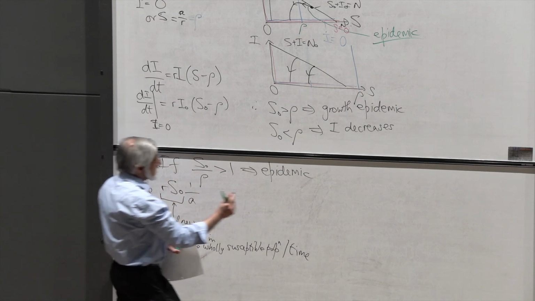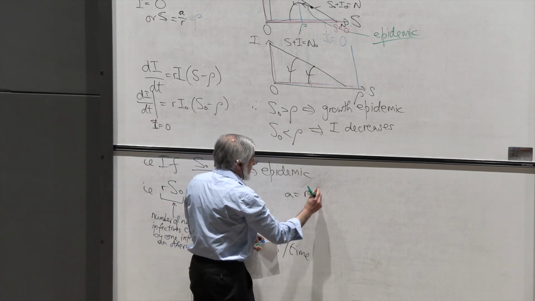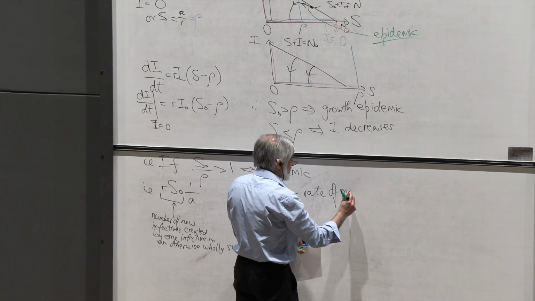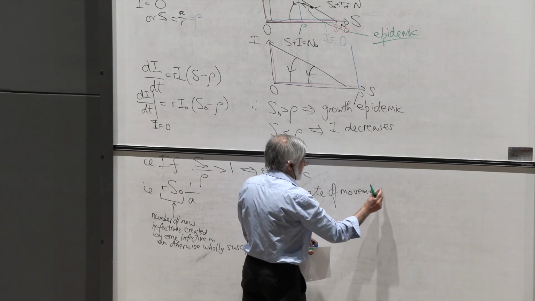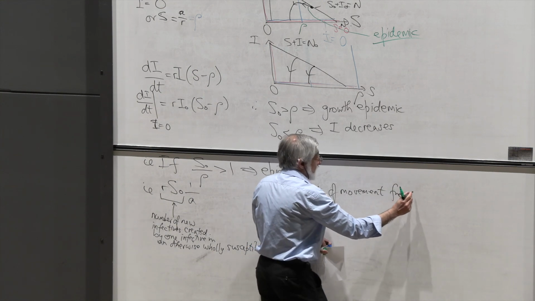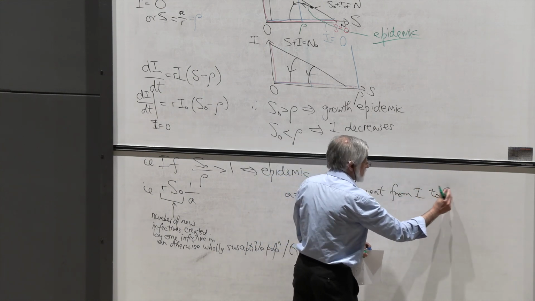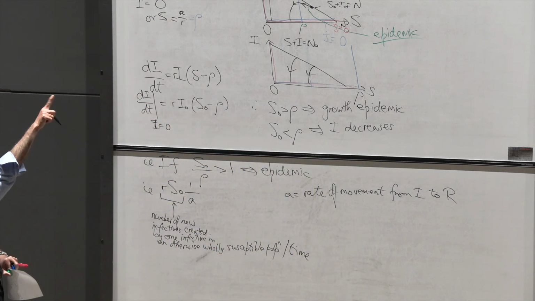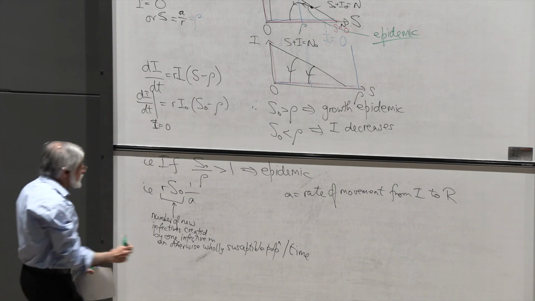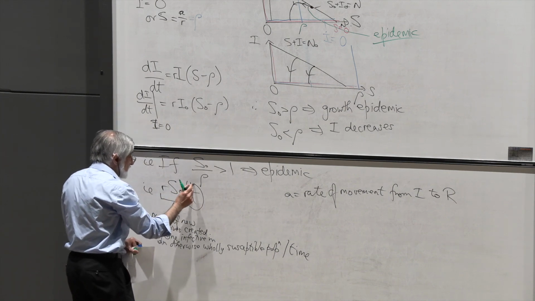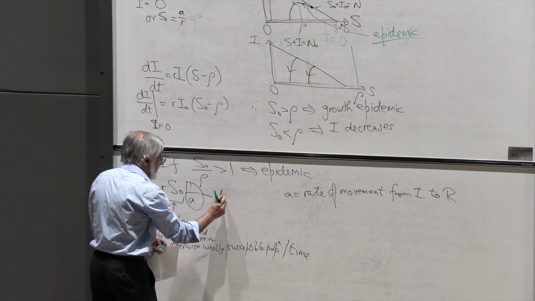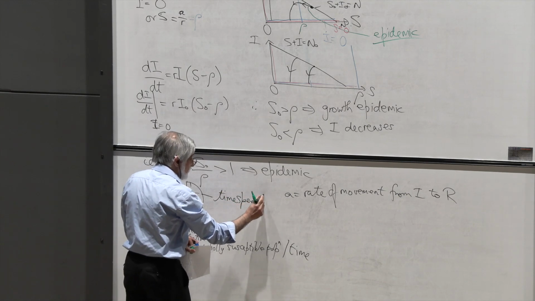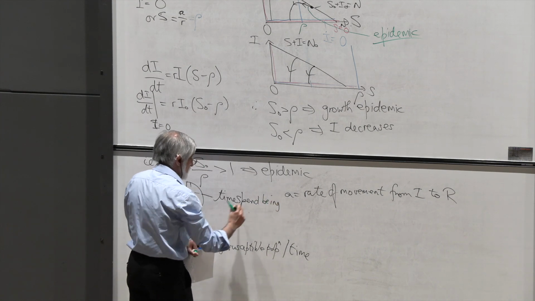Now, A equals the rate of movement from I to R. If you look up there, AI. So that means 1 over A is the time spent being infected.